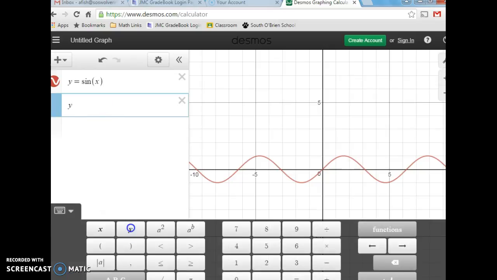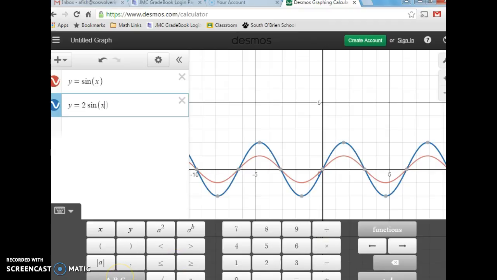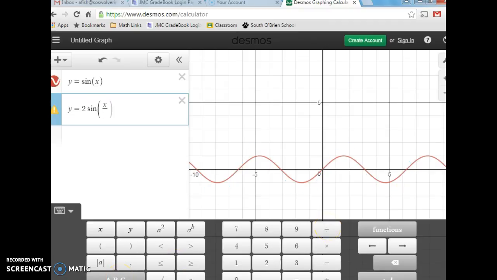Let's go with y equals 2 sine of x divided by 4.